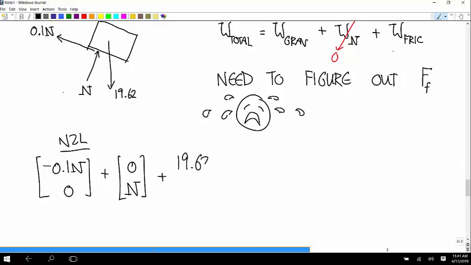So 19.62 times cosine and sine, if I'm going to call it 290.